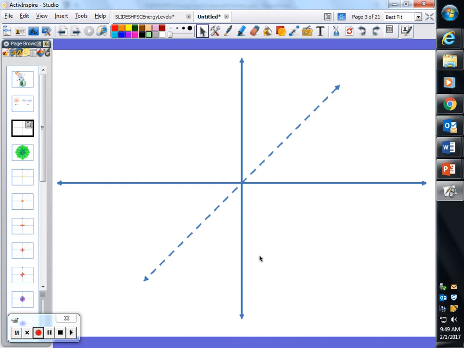X-axis, y-axis, this is 2 dimensions. Good with that? And you all know this from math class. X comma y, we can plot a space. But the real world isn't 2-dimensional. The real world is 3-dimensional. So to represent that third dimension, we need a third axis.